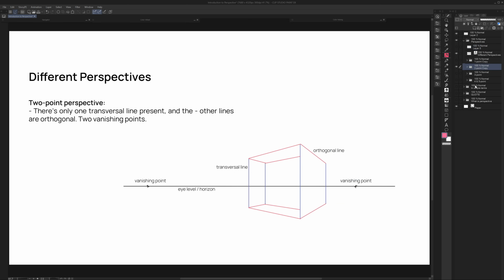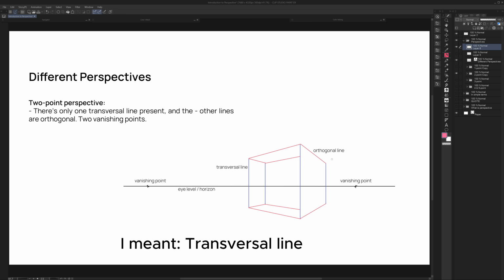Then we have 2-point perspective. You can already see that it's a bit different. Now we have an orthogonal line related to the eye level, and I tend to see it as a vertical line, but when you tilt the vanishing point, it's not totally vertical.